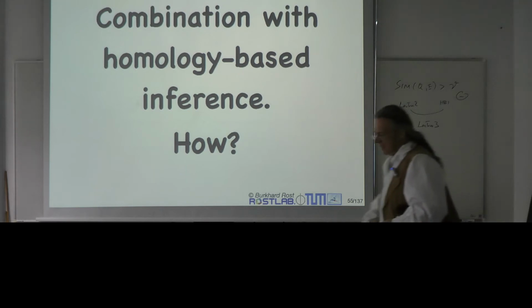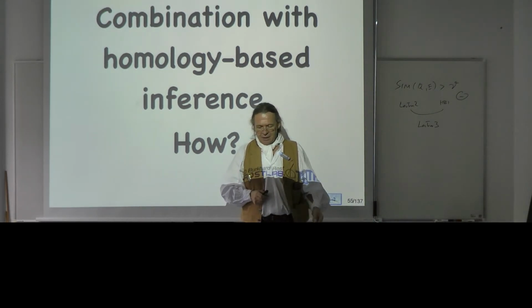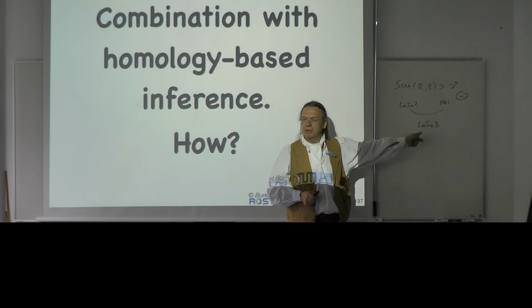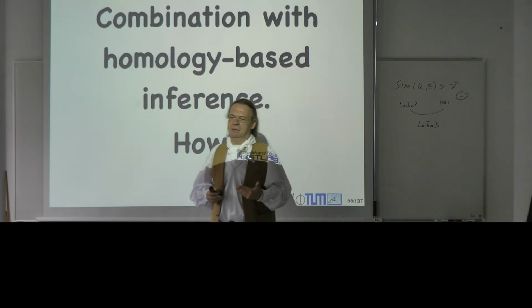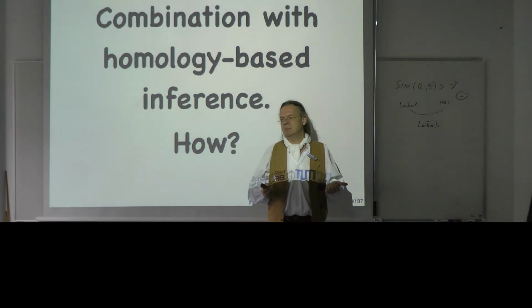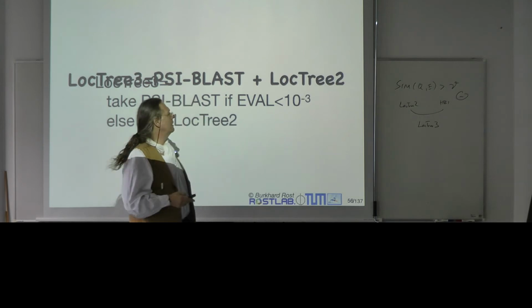But what you said, essentially, Konstantin, is the idea of picking whatever has the highest confidence. Because they both come with confidence scores, and you simply could take whatever is the highest for the individual prediction. And we would have to test whether it does better. What we did in the end is we picked one threshold, 10 minus 3.